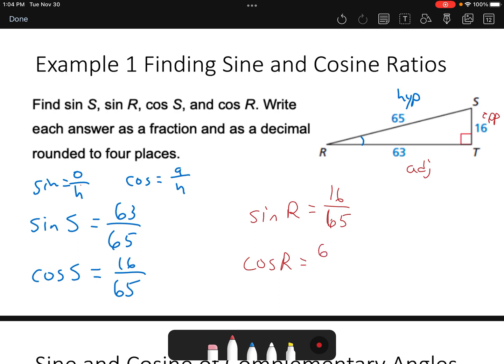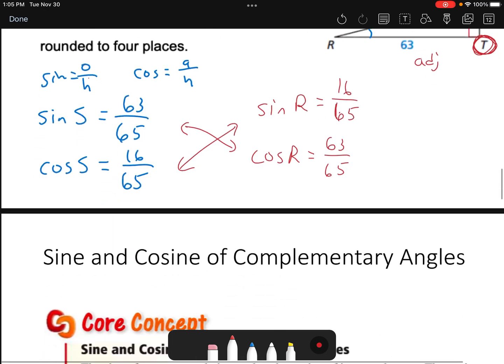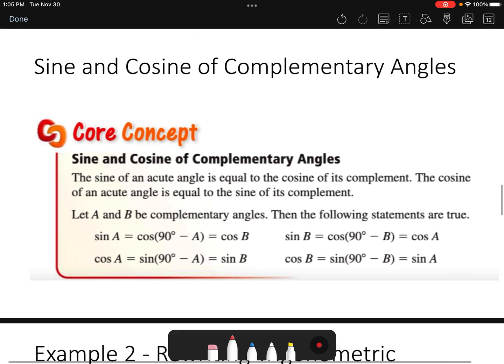And the cosine of R is 63 over 65. You can see that these are related, obviously. The sine of one is equal to the cosine of the other and vice versa. That's always going to be the case. Remember, we never look at the right angle for sine, cosine, and tangent. We only look at the acute angles.